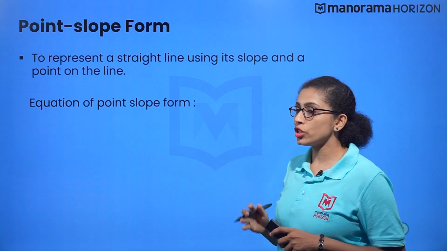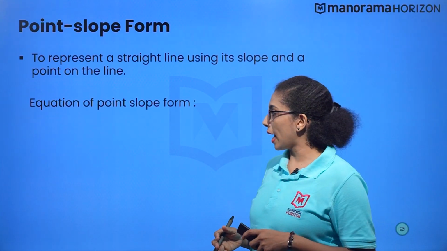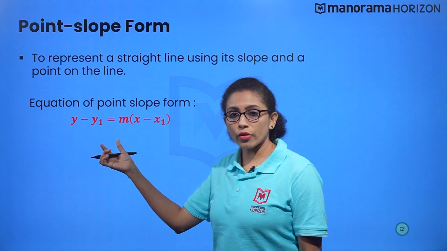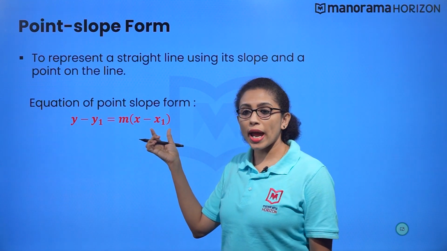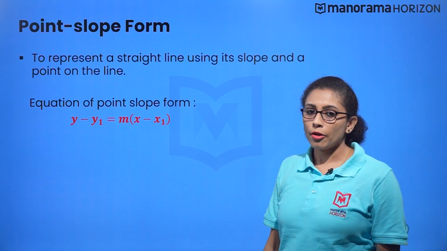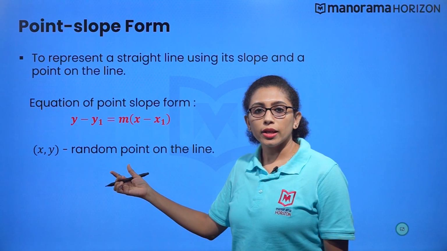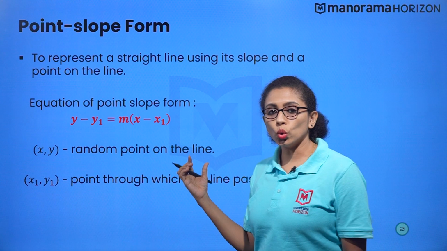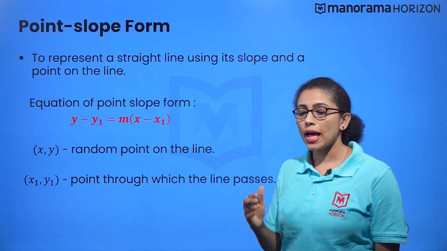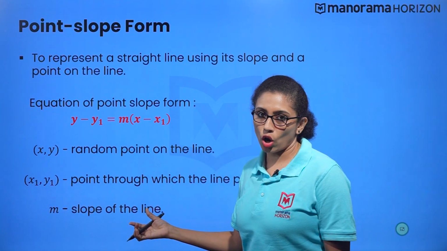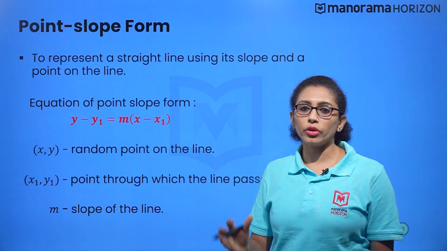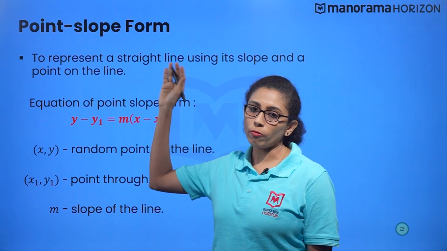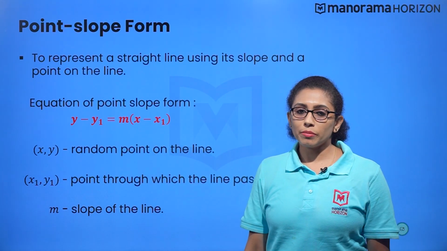Then the equation of the line is y minus y1 is equal to m into x minus x1, where x and y is a random point, x1, y1 is the point through which the line is passing, and m is the slope of the line. So this is the equation of a line in point slope form. Let's take a look at some examples.